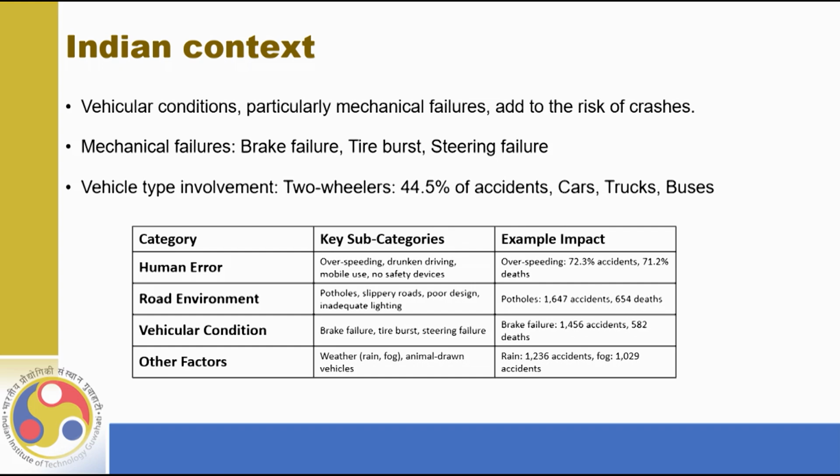Okay. And among the vehicles, two-wheelers are considered the majority, around 44% of the accidents are associated with two-wheelers, which are vulnerable road users, followed by cars, trucks, and buses.